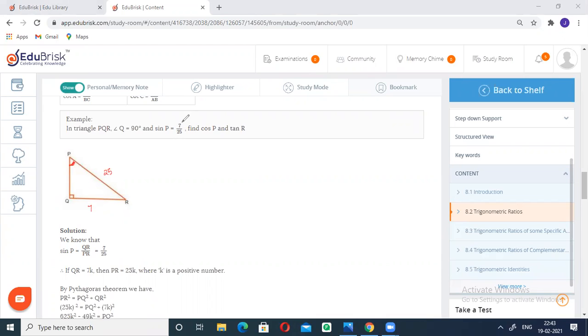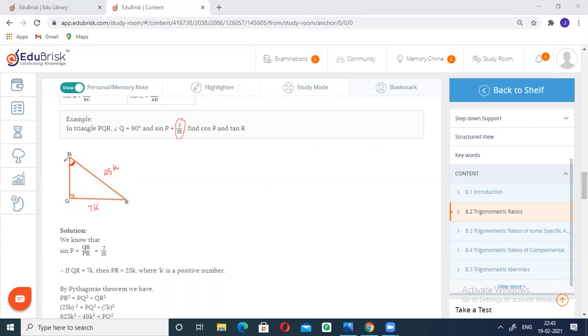But because 7 by 25 is a ratio, it doesn't mean that always this will be 7 and this will be 25. So we will take this as 7k, or any letter, you can take 7m or 7x, anything. So 7k and this is 25k, so that the ratio will always be 7 by 25.